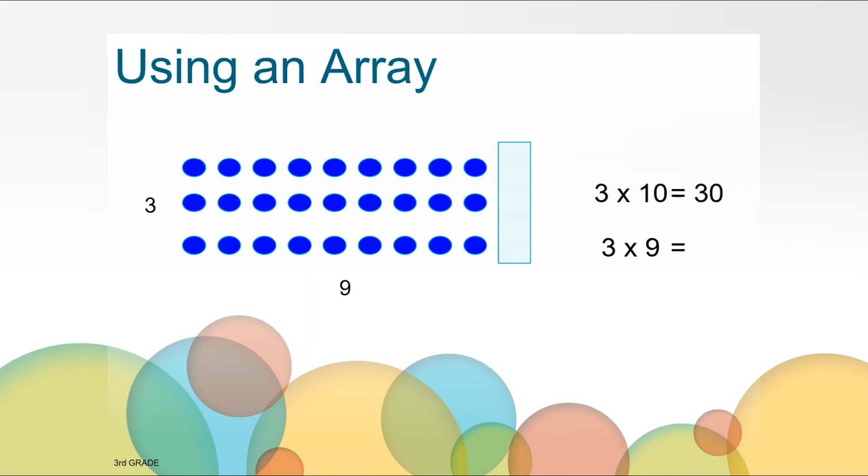When we take off the one group of 3, we have 30 minus 3, which is 27. Cover up one of the columns on your array to show the array 3 by 9.